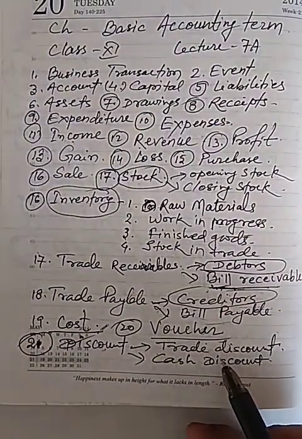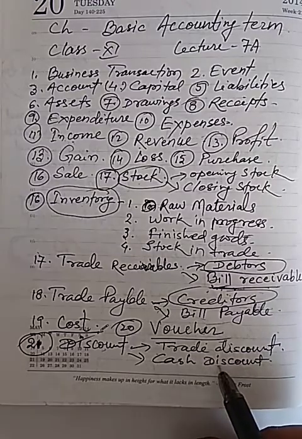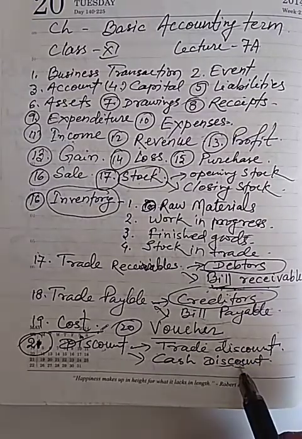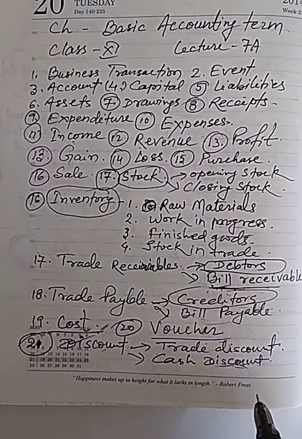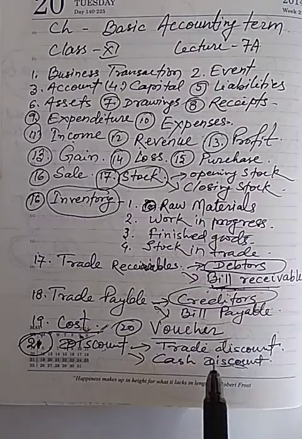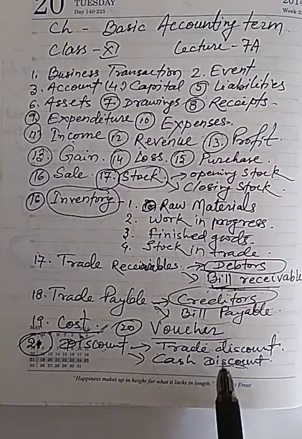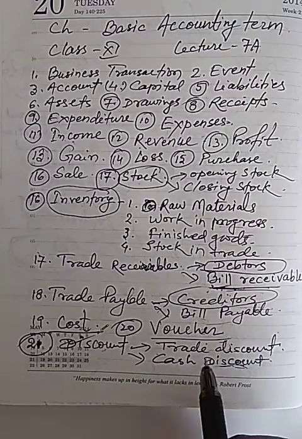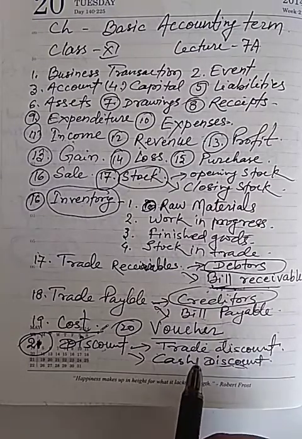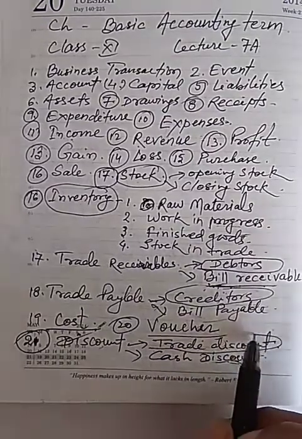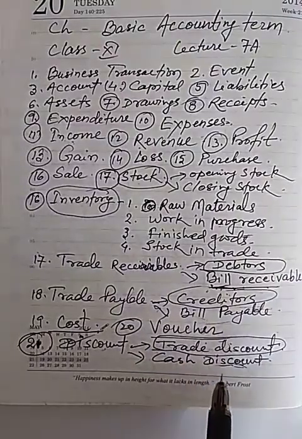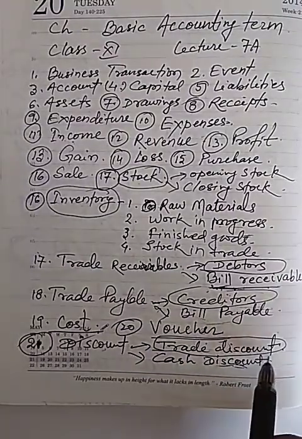Trade discount is allowed by a seller to customer at a fixed percentage on the list or catalog price of the goods. It means trade discount is given by manufacturer to wholesaler, wholesaler to retailer, retailer to consumer, etc. For example, when we purchase a book at the rate of 10% discount, it will be known as trade discount.